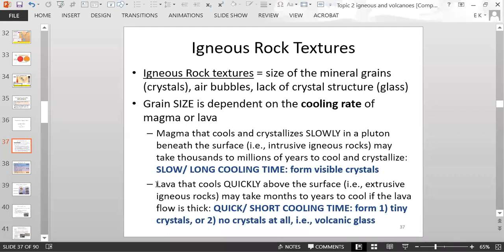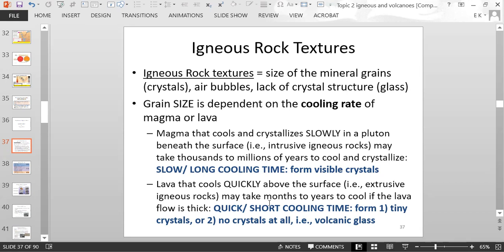In contrast, lava that cools quickly above the surface, or extrusive igneous rocks, may take months or years to cool. That's going to be if the lava flow is thick, it'll take a longer time, but it's still pretty fast compared to the plutons forming underground.